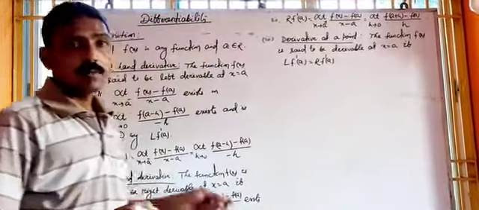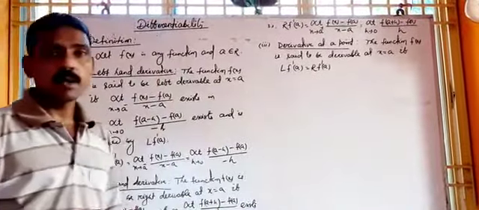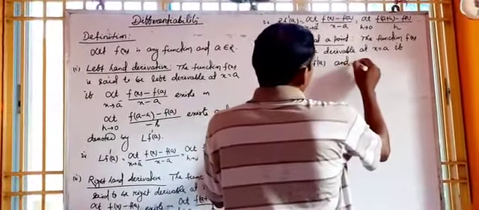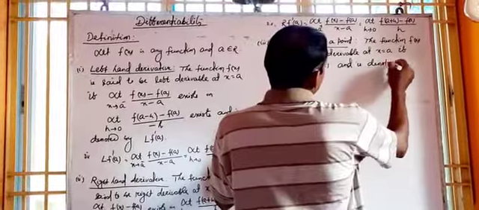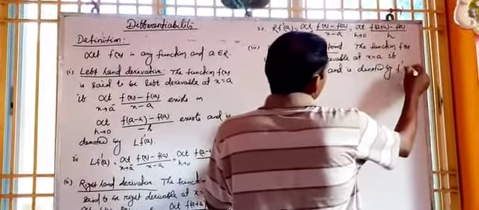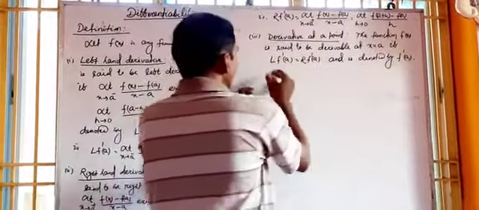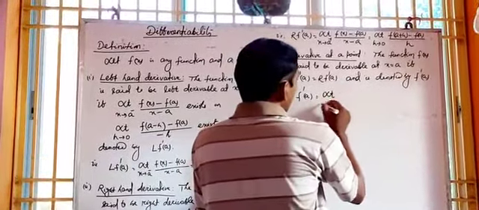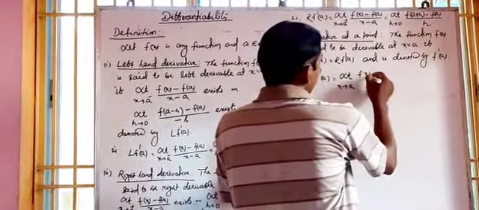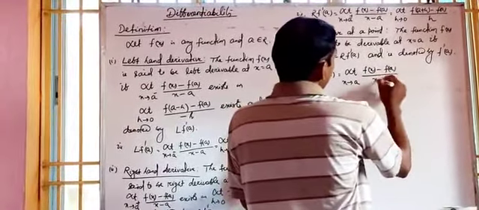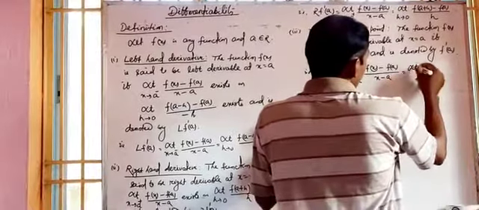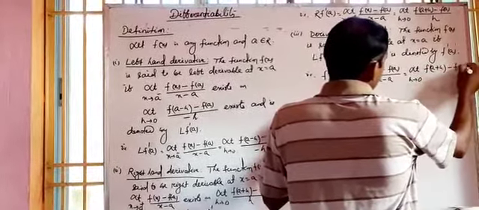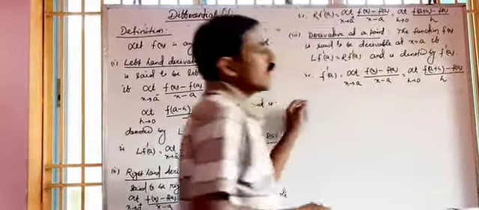That means if both left hand and right hand derivatives are equal, then it is said to be derivable, and it is denoted by simply f dash of a, that is f dash of a equal to either limit x tends to a of f of x minus f of a by x minus a, or it is the same as limit h tends to 0 of f of a plus h minus f of a whole divided by h.